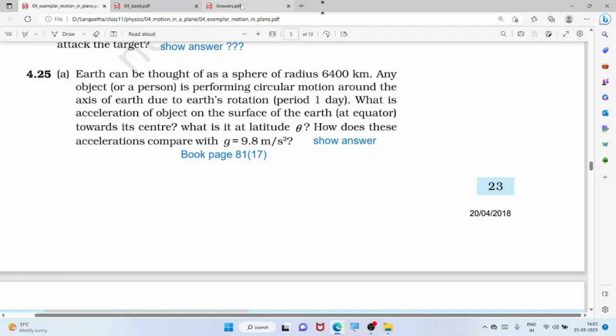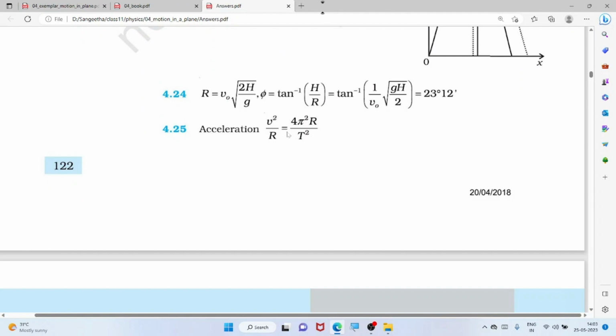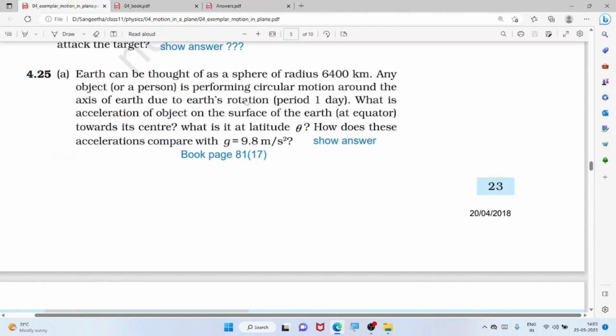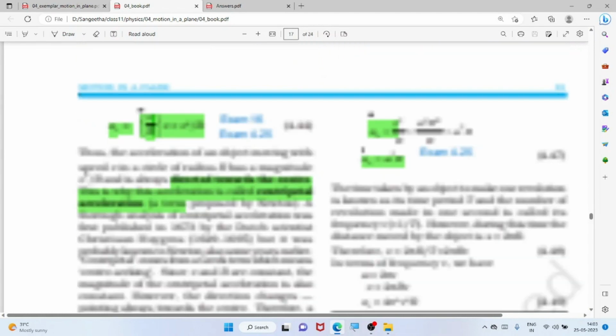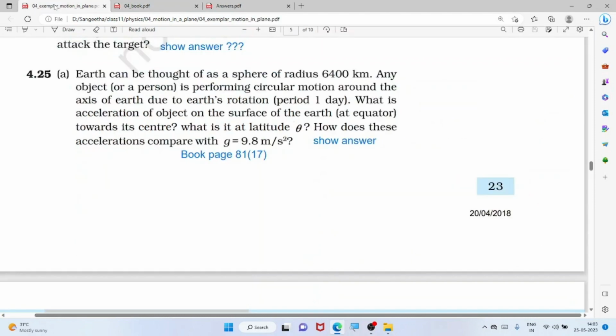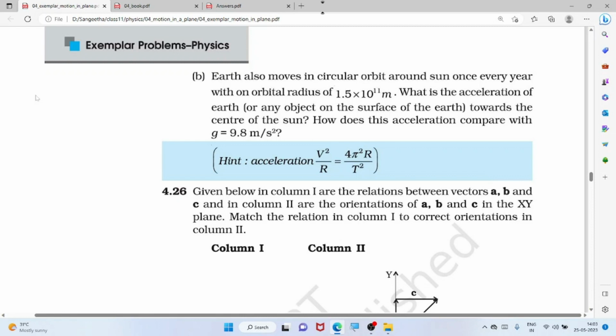This is 4.25. Here this is the acceleration. You can go through this.